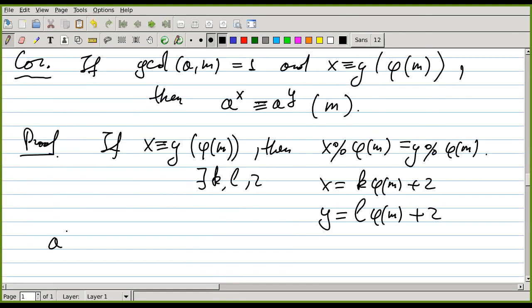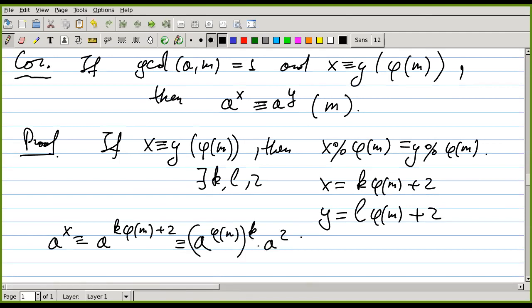So what is a to the power x? It is a to the power k times phi of m plus r, that is a to the power phi of m, to the power k, multiplied by a to the power r. Is it clear? Yep.